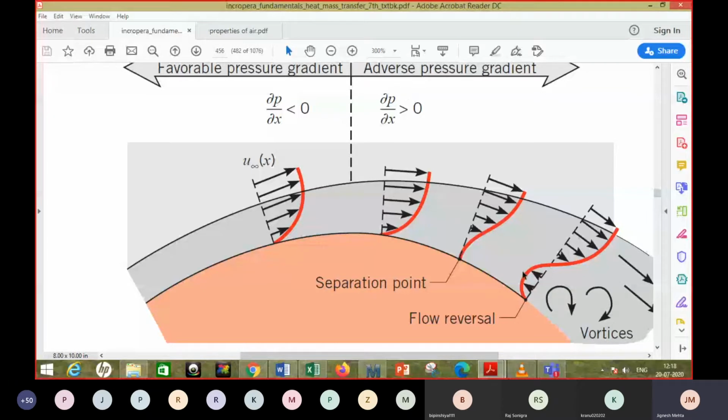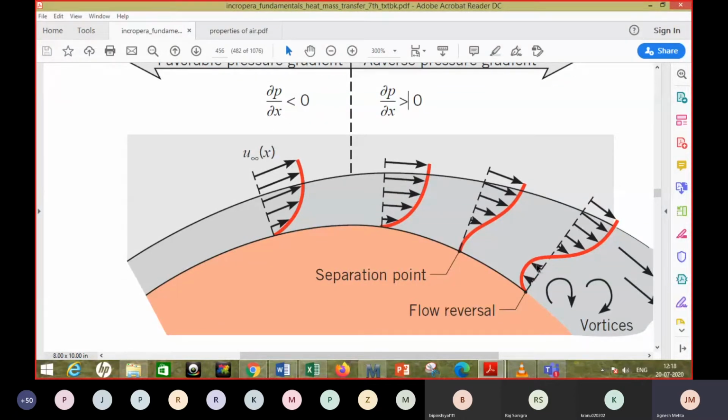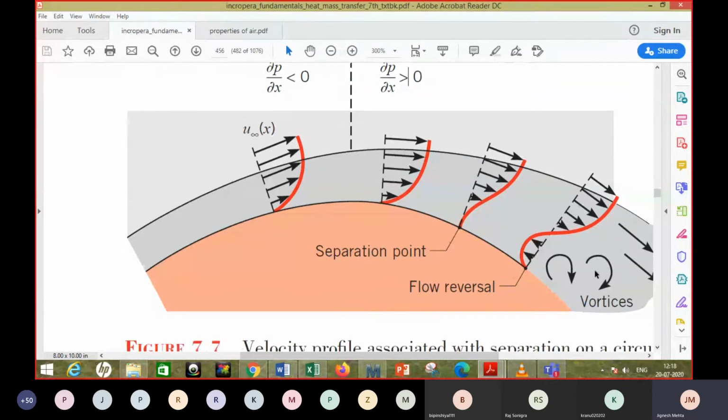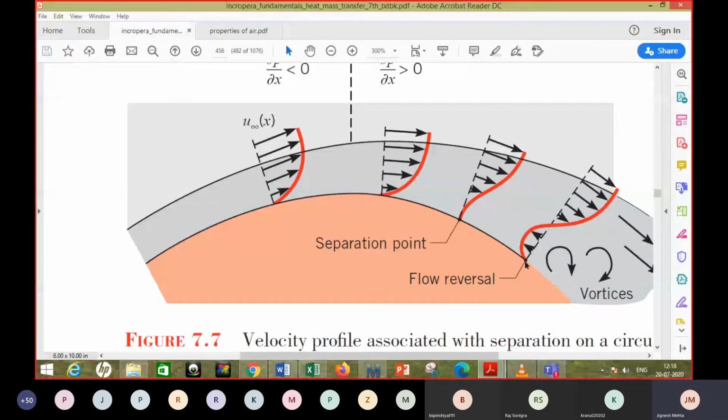It starts moving in the opposite direction. Du by dy is negative, which means u is moving in the opposite direction to the oncoming flow. So there is a flow reversal taking place, and because of that, these vortices or eddies are formed, and you see that this is nothing but the separation taking place.